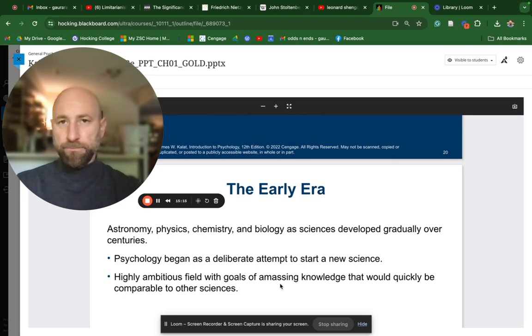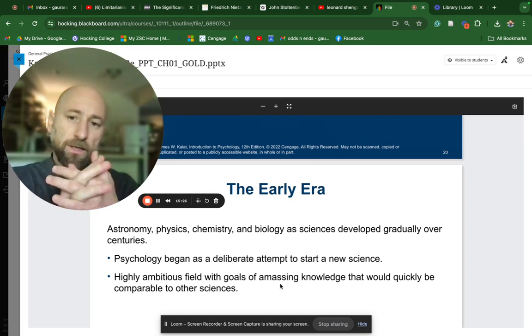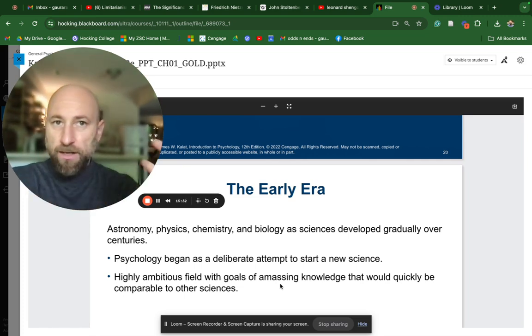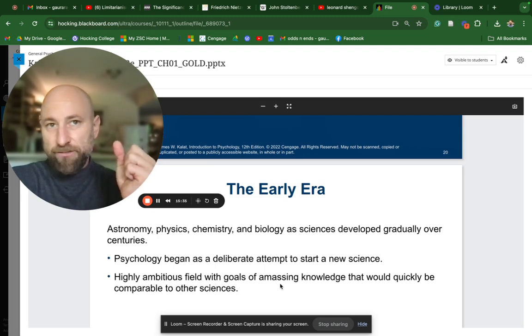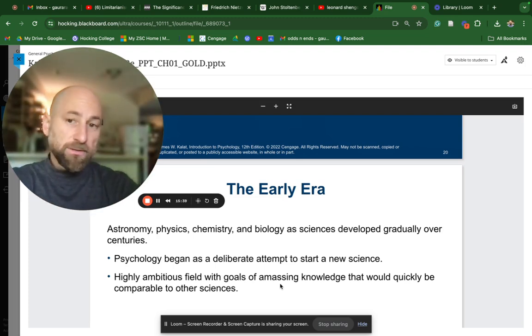Since the Renaissance and especially since the Enlightenment in Europe, you had the birth of a wide variety of sciences and rapid progression in scientific knowledge, but there was still one thing that remained very mysterious, that we had never been able to get our arms around and study, and that was ourselves, human psychology, human nature.